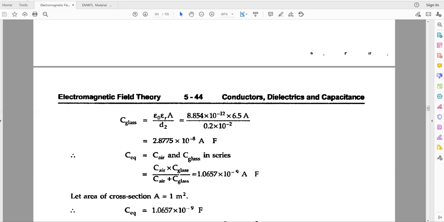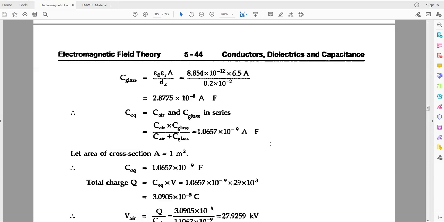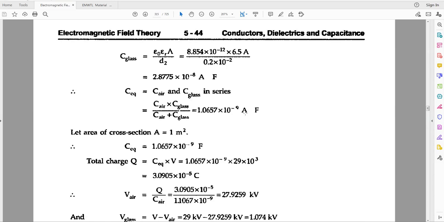In the last class, I explained that 1 by C equivalent is 1 by C1 plus 1 by C2 for capacitances in series. So we substitute the C air and C glass values and find C equivalent is 1.0667 times 10 to the power of minus 9 A.